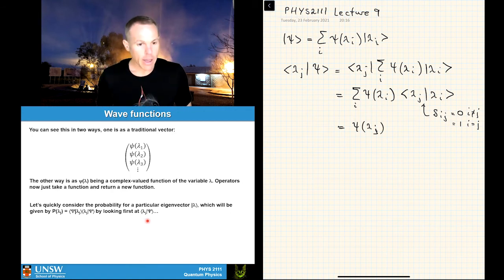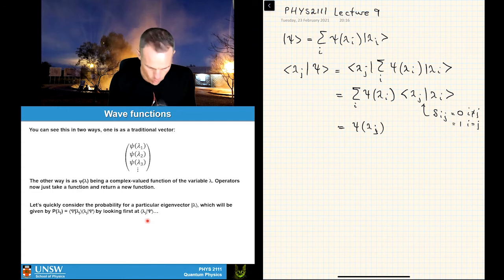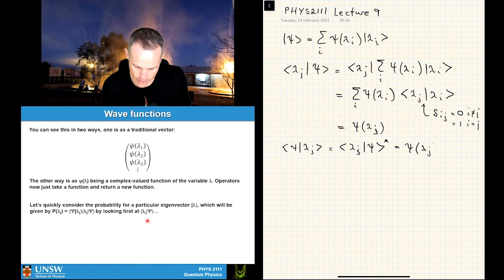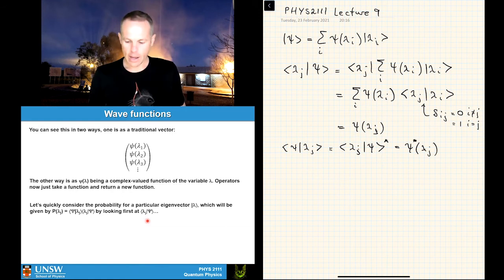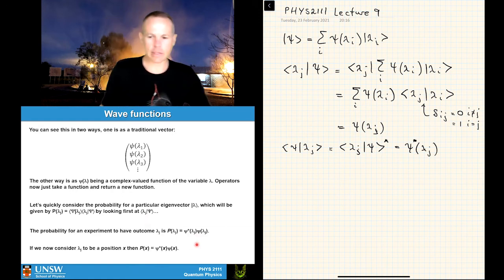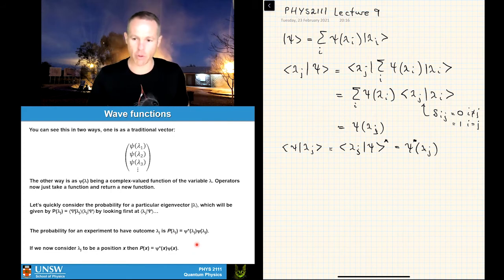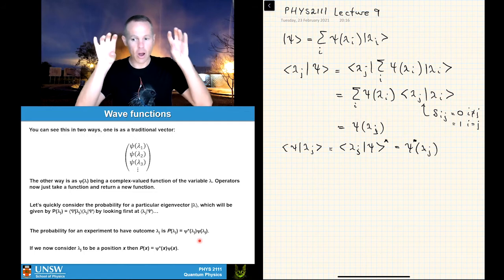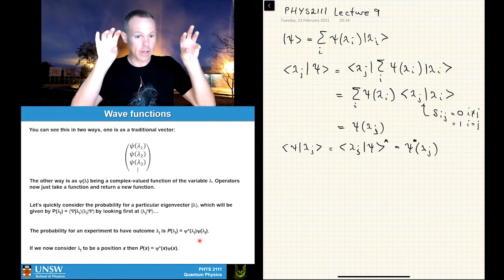And if you think now about what your psi lambda j is going to be, it's just the conjugate of that. That'll be a j. So this thing will just be psi of lambda j star. And so then if we work out what our probability is, we basically find that our probability is our psi of lambda j times our psi star of lambda j.